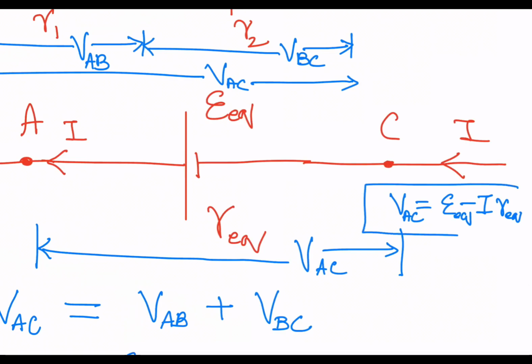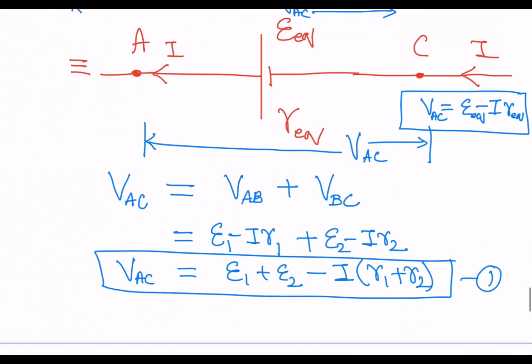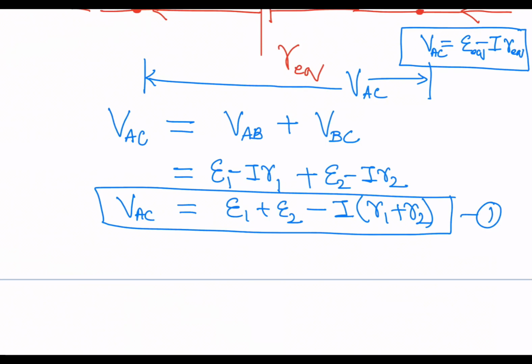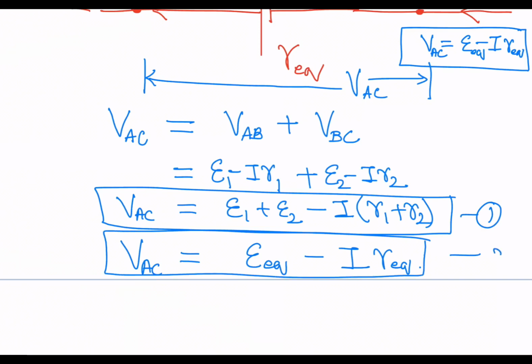So the potential drop across AC in the equivalent cell can be written as E equivalent minus I into R equivalent. Let that be equation 2.